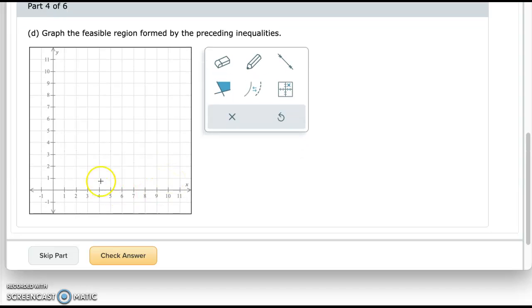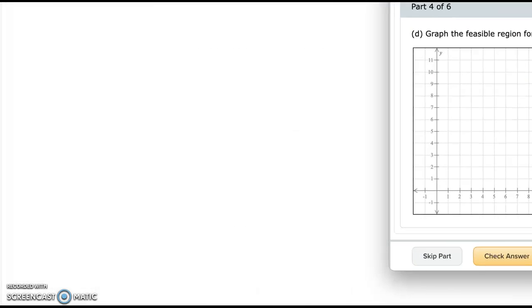So now I want to graph the feasible region. So what I'm going to do is I'm going to go over to my whiteboard. And so I've got my 2 equations. Let me write them here.